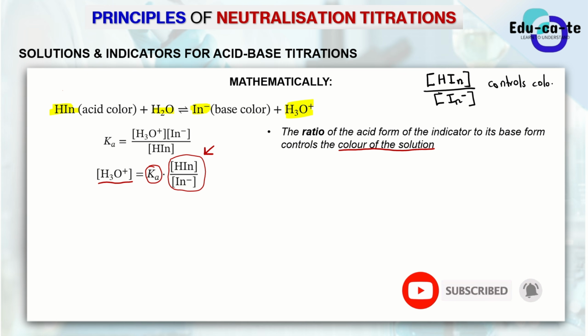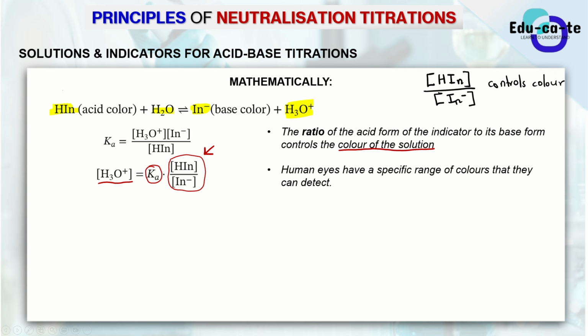Now, how does this control color? We need to understand that as humans, biologically, our eyes can only detect a specific range of wavelengths, and that is the visible light. That is only what we can detect. If we have other wavelengths or different colors that are out of the visible light spectrum, then we are not able to detect them.